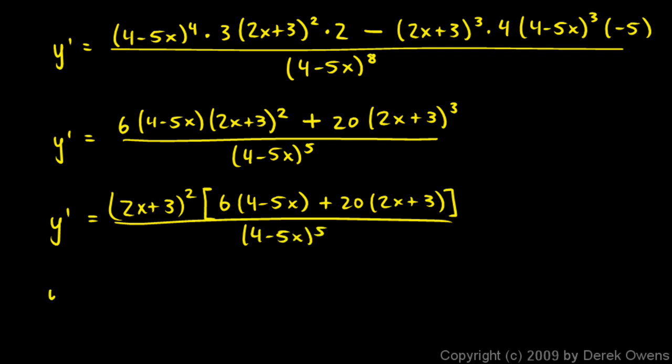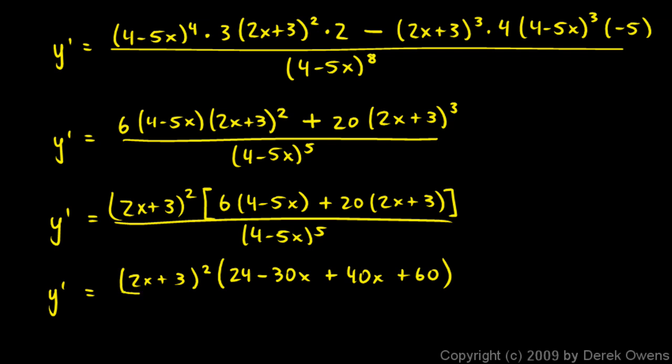Now, we're really done with the calculus here. We're just doing algebra to simplify this. And we end up here with (2x plus 3) squared. And if we distribute the 6, we get 24 minus 30x. And over here we distribute the 20 and we get 40x plus 60. And all this is still over (4 minus 5x) to the fifth.